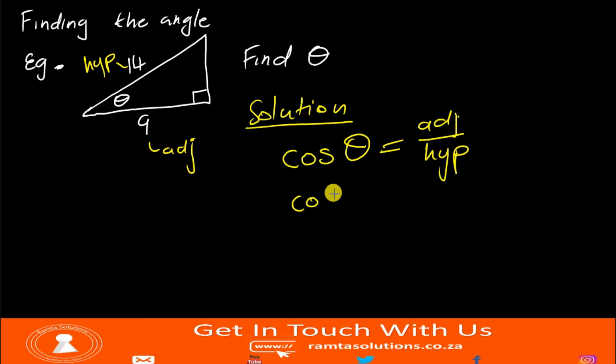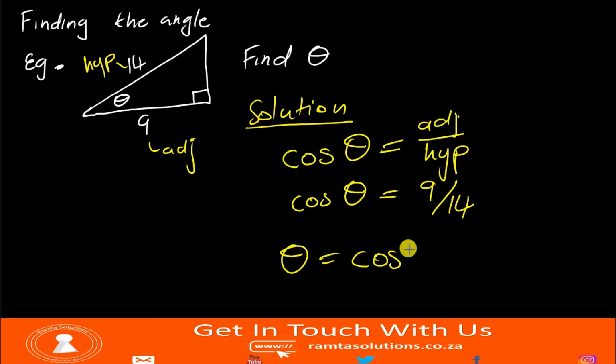However, we are given their values. The adjacent side is 9. The hypotenuse is 14 units long. To find theta, I will say theta equals the inverse of cosine of 9 over 14.